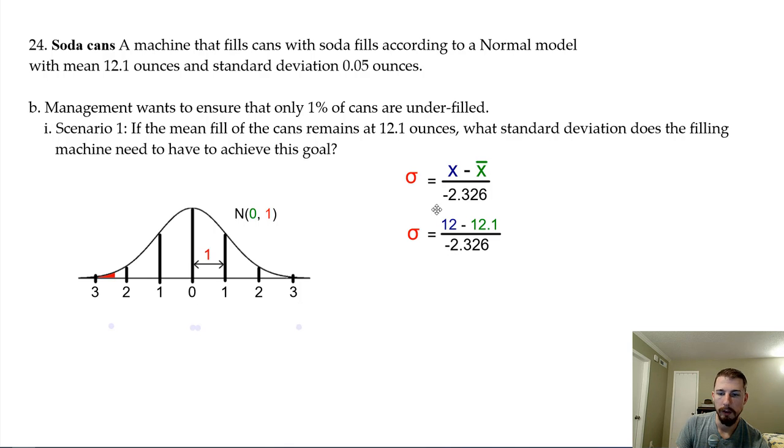So now that we've rearranged it, we can put all this in the calculator, which will give us a final answer: instead of a standard deviation of 0.05, we would need a standard deviation of 0.043 in order to shrink the total amount of variation so that 12 ounces is only 1% of cans underfilled instead of 2.3% underfilled.